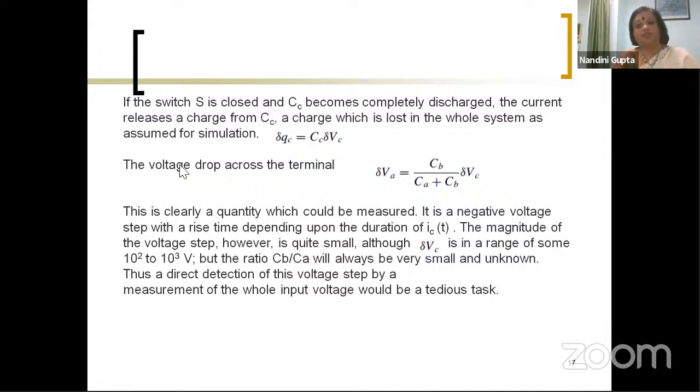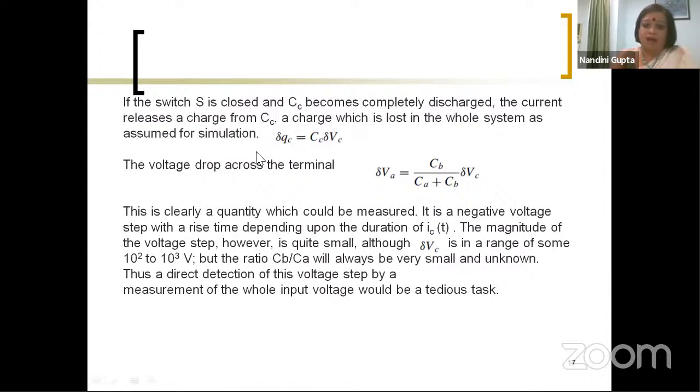Let us imagine that the change in the voltage across the capacitor is delta VC, in which case the charge that causes this voltage difference can be approximately estimated as delta QC, which is equal to CC delta VC. So the voltage drop that you see across the capacitor, across the void, is related to the charge across the void, which is involved in the discharge.